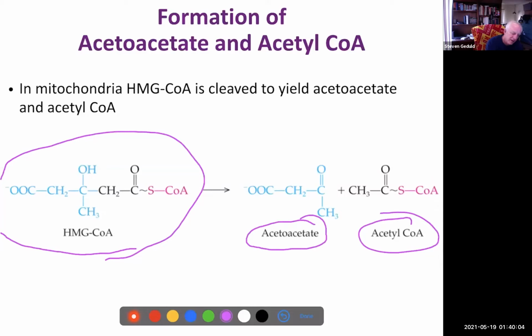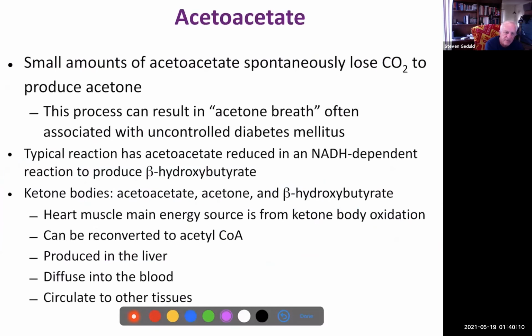It took off that original coenzyme A and left this with 4 carbons. Small amounts of acetoacetate spontaneously lose carbon dioxide to produce acetone.